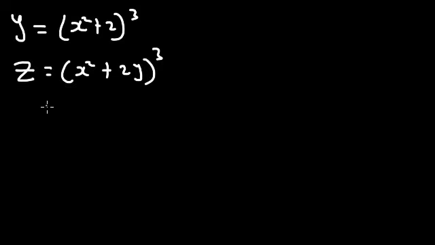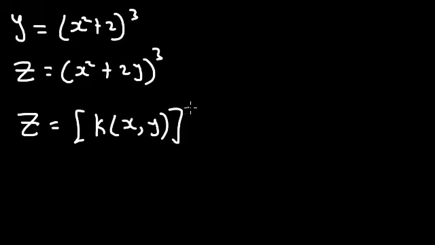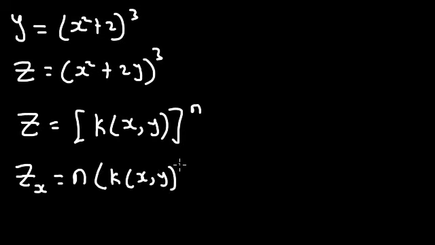To differentiate a multivariate function, that is a function of a function, if z is equal to k of x comma y, that's a function of a function, all to the power of n, where n can be any real number, then the partial derivative of z with respect to x is simply equal to n multiplied by k of x comma y to the power of, reduce the index by 1.